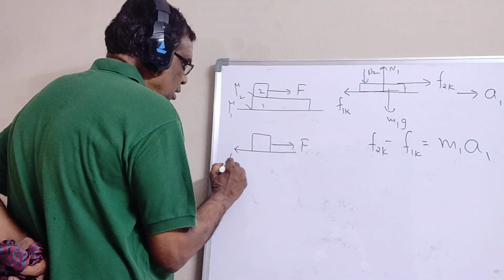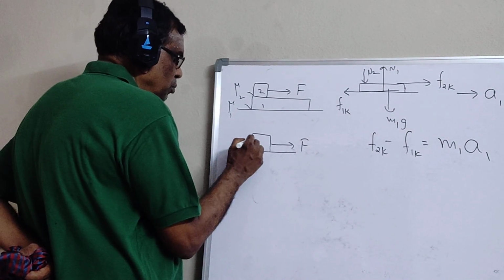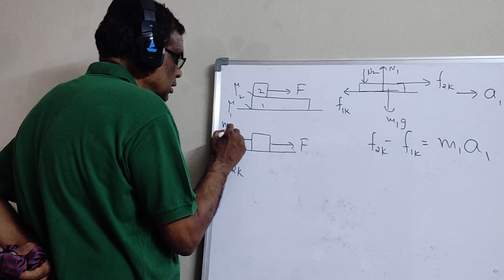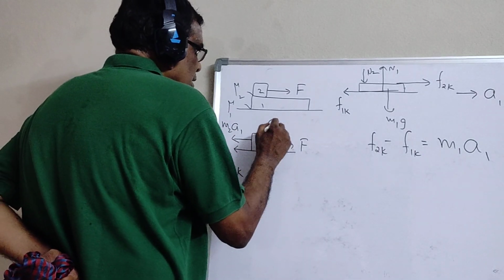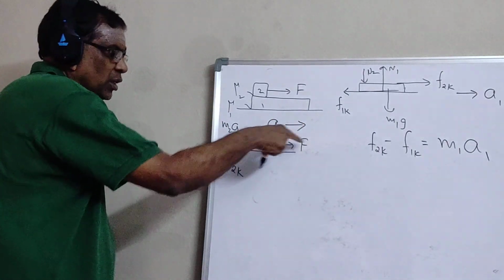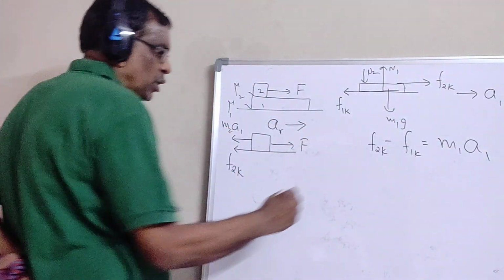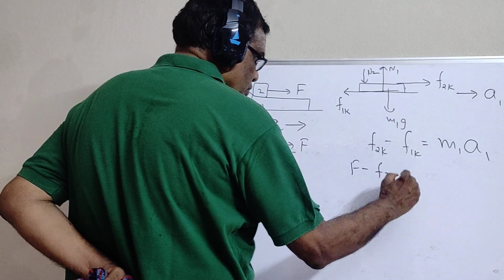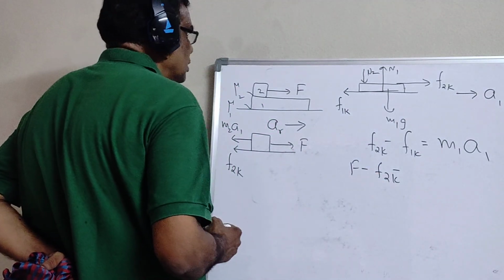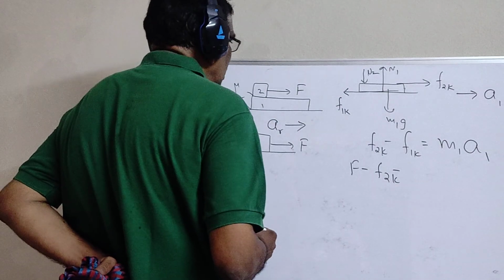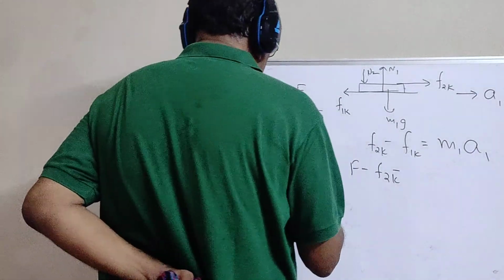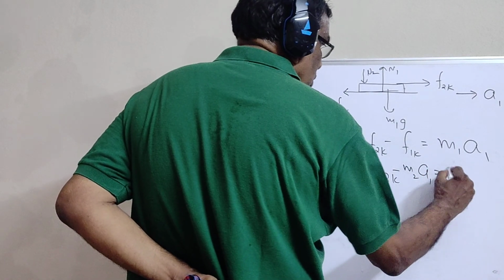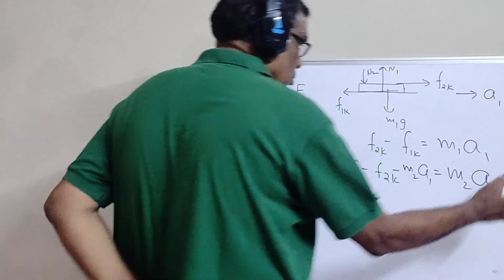And here F2k would be opposing, since A1 is like this, but AR is forward because you are pulling the body. How do you write that? F minus F2k minus M2 A1 is equal to M2 AR.